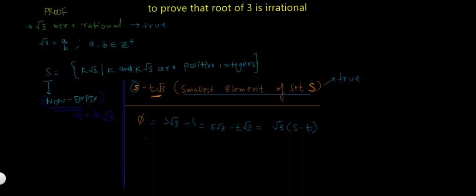Now because small s root 3 equals 3t, and t and s are both integers, this also implies that small s root 3 minus s, which equals s minus t root 3, should also be an integer.